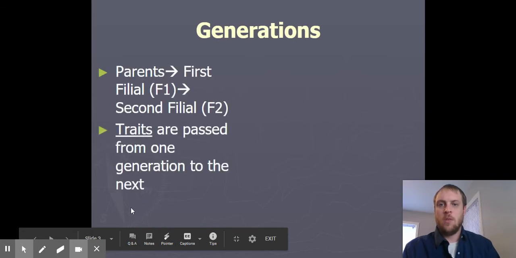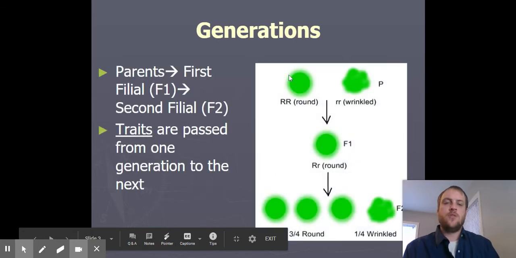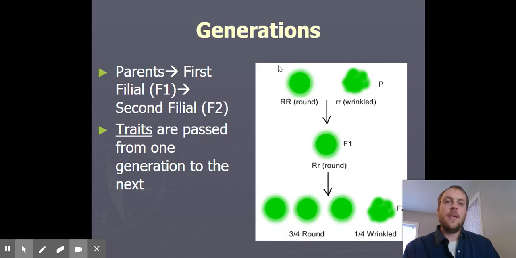So when he was working with the peas, he started with two pea plants. One had round-shaped peas, the other had wrinkle-shaped peas. When he fertilized those two and produced a new generation of pea plants, he noticed that, for whatever reason, all of that second generation of pea plants had round peas.